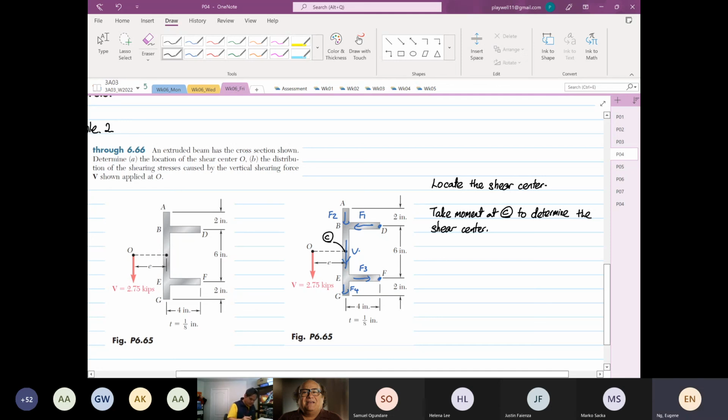By viewing this, we realize that F1 and F3 will generate a moment about point C. So regarding the shear center, we don't need to find F2, we don't need to find F4, and we don't need to find V for now.